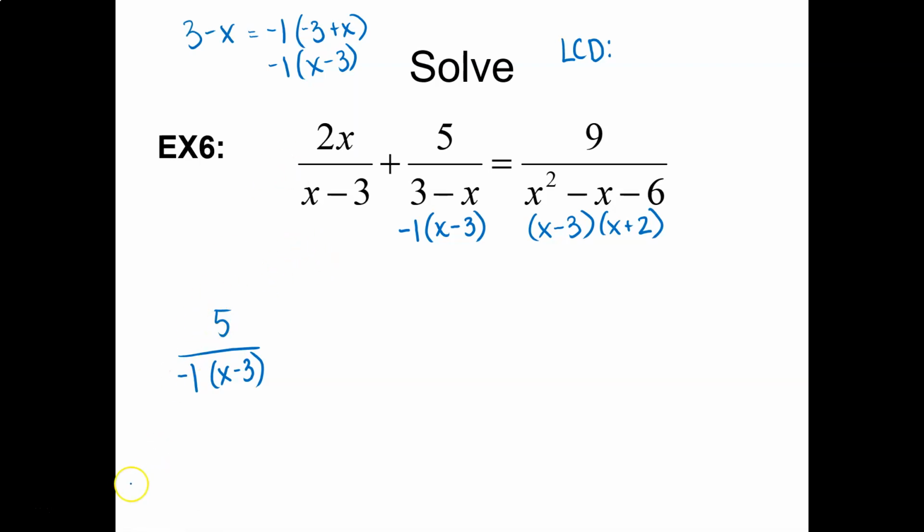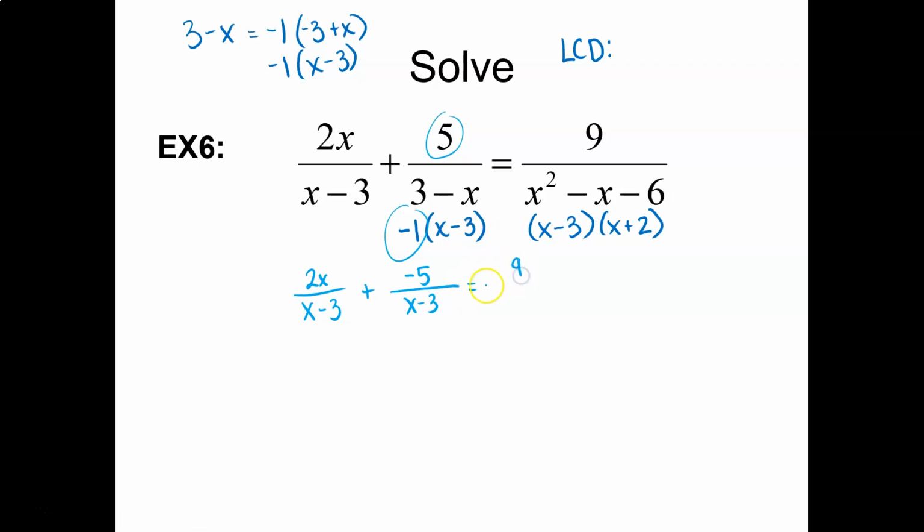So I'm going to rewrite it so everybody's with me. Otherwise, you can use negative 1 as part of your least common denominator, but the negatives tend to get lost if you do that. So you got, let me clean this up a little bit, 2x over x minus 3 plus, I'm going to take this 5 and divide it by that negative 1 and put the negative 5 on top. And that way I don't have to worry about that negative 1 being in that denominator and being part of my least common denominator.